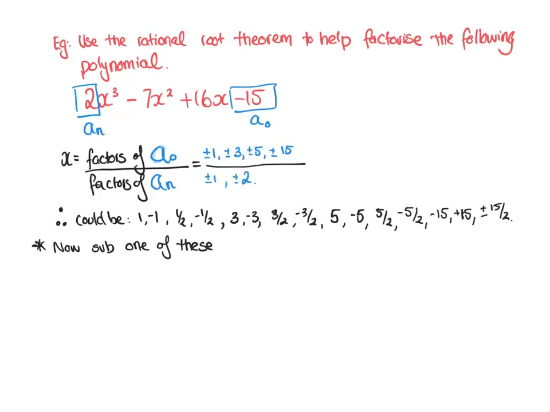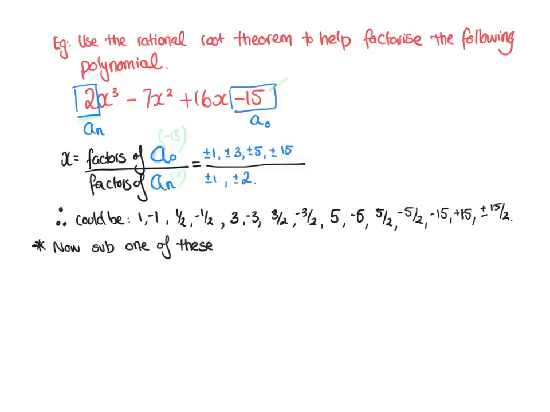So use the rational root theorem to help factorize the following polynomials. I've had a look at the polynomial and I've found my leading term and its coefficient is 2. And I found the constant, and the coefficient is -15. Here are all the factors of -15 I'm listing, and underneath all the factors of 2 have been listed.